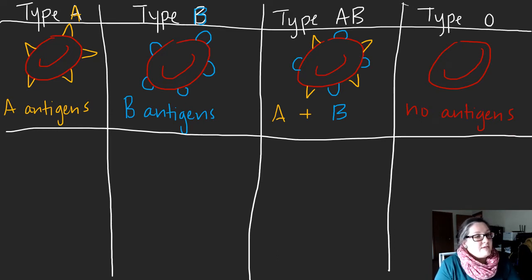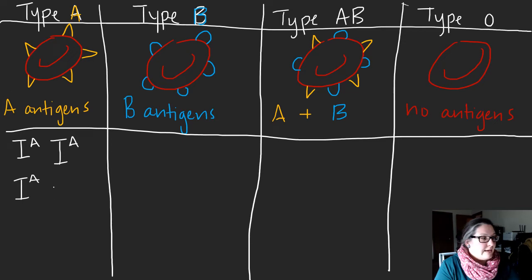To have type A blood, remember that we have two alleles because we have one mom chromosome and one dad chromosome. We can have IA, or IA and little i. Little i because it's recessive. Remember that the IA will mask it completely.